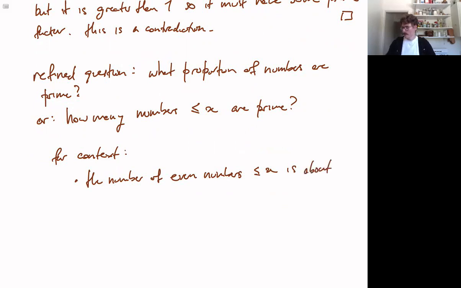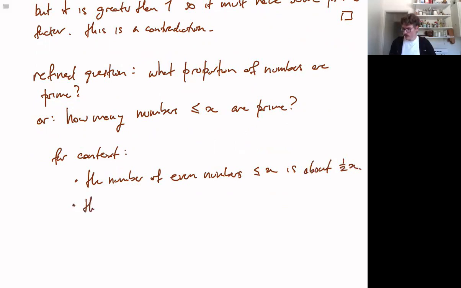Well, we can say that about half of numbers are even, right? Because they alternate even and odd. So about half of numbers are even. One way we can make this rigorous is by saying the number of even numbers at most x is about 1/2 x. So as x varies, this always gives us a pretty good estimate for the number of even numbers up to x.